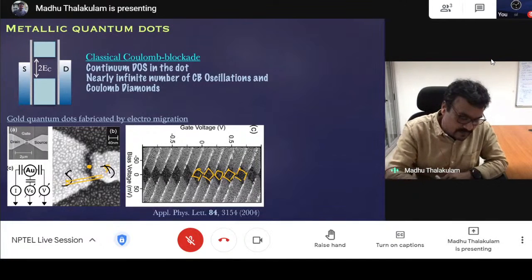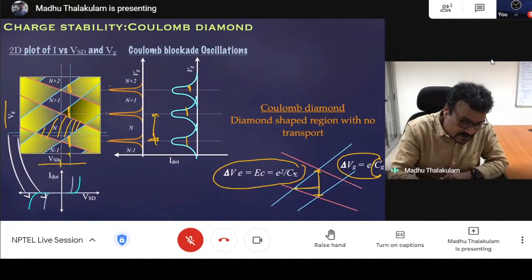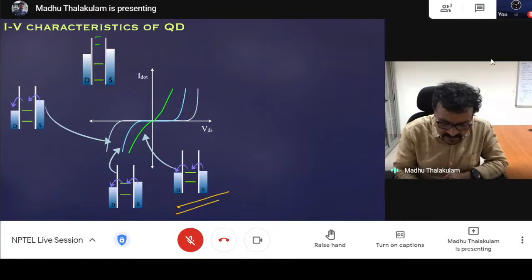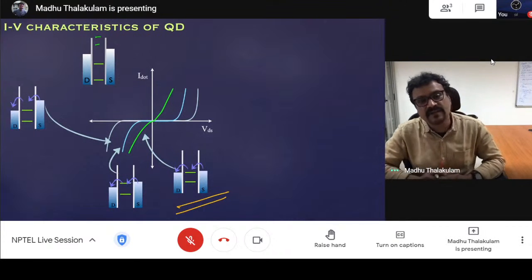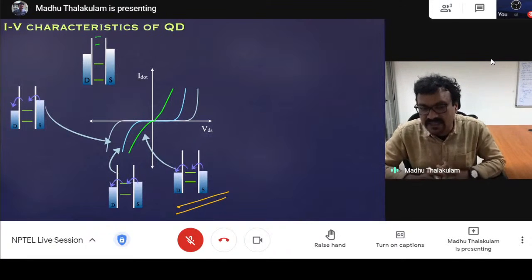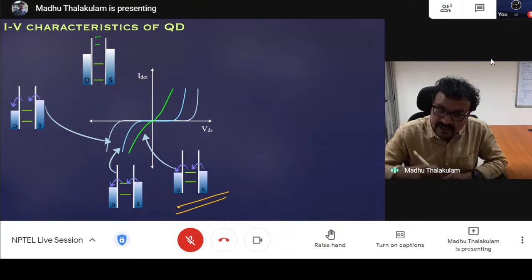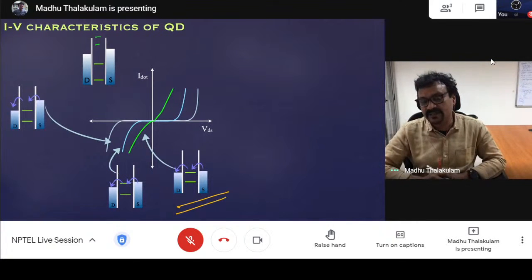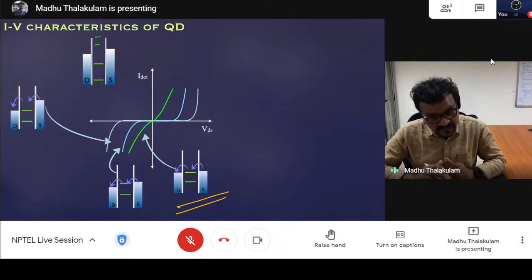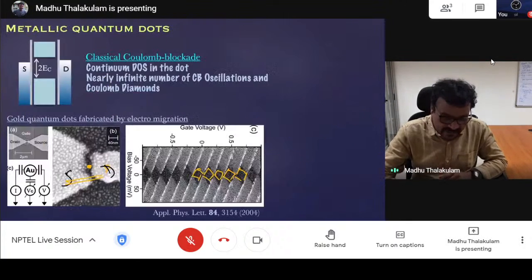Let me go back here. These levels I have drawn here are not single particle levels, because we have not started defining the quantum mechanical behavior of the electron except that the charge is quantized. So these are electrochemical potentials of the dot which you can change by varying the gate voltage. These are not the single particle states of the electron confined in the dot. That we will discuss very soon.